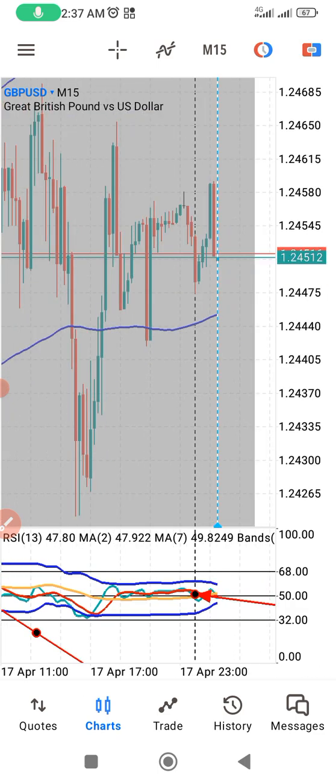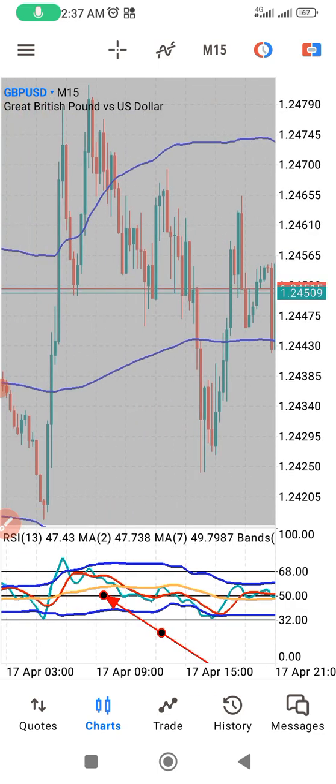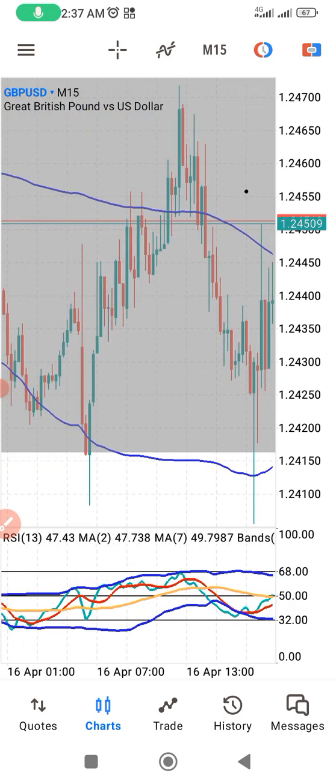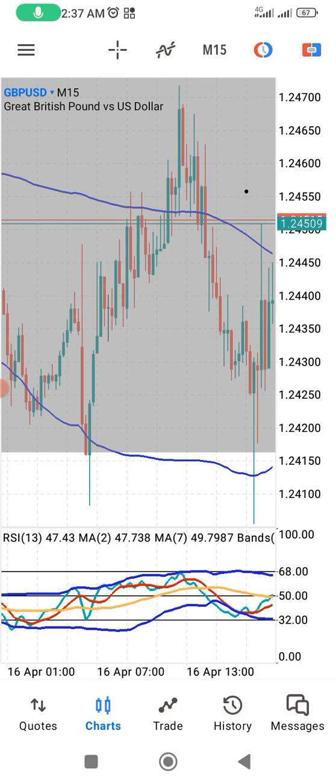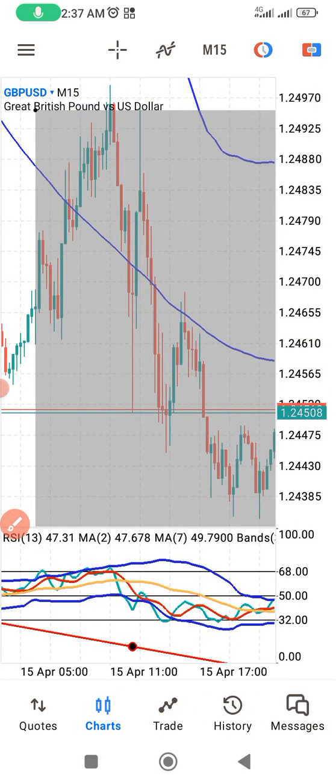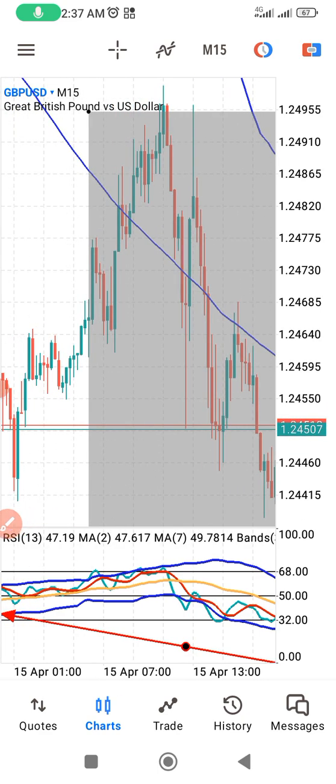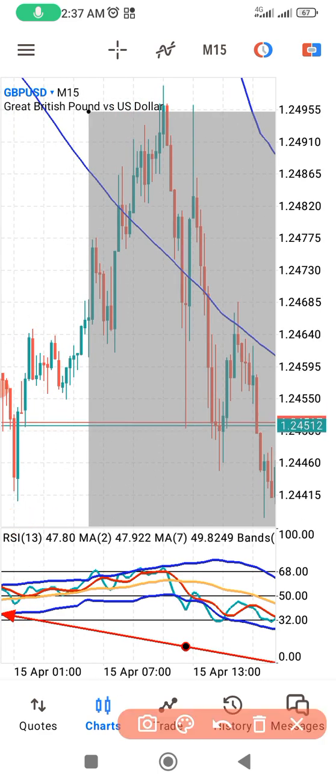And you can see how it sold from that zone. Here is another opportunity, here and here. So you begin your analysis from a higher time frame and not from a lower time frame.